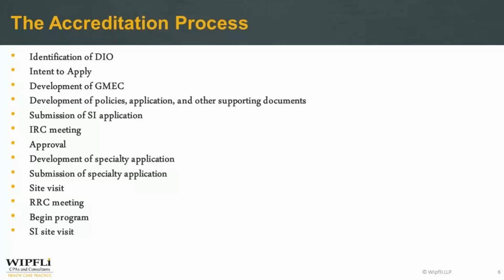So when we talk about, and we got on this a little bit yesterday, the 18-month termination language and what people do when they decide to close, the GMEC and the DIO immediately have to ask: that's all fine, but how are we protecting the residents? What are we doing to ensure their training? There is a policy on program closure.